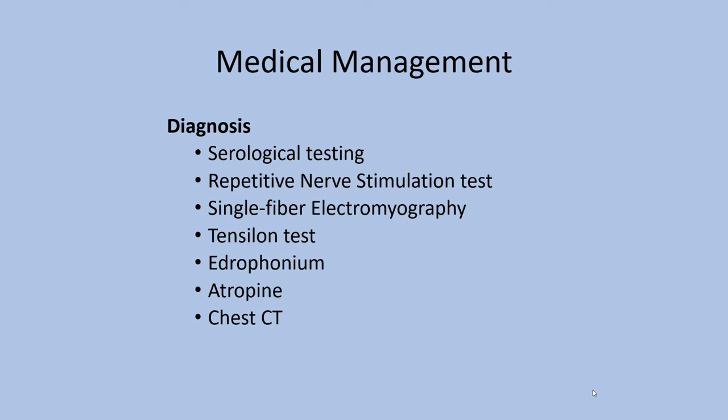Then the provider assesses for improvement of the ptosis, which is the most visually easy to see if it improves. And then if no effect is observed, they give additional doses of 3 and 5 milligrams at 1 minute intervals. If there's noticeable improvement of muscle weakness at 2 to 5 minutes, followed by a return to baseline over the next 5 minutes, then that's a positive test.